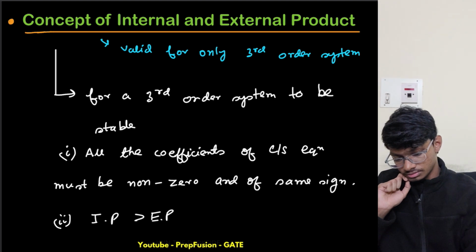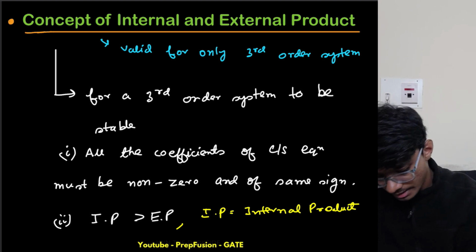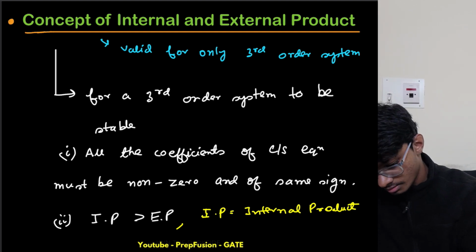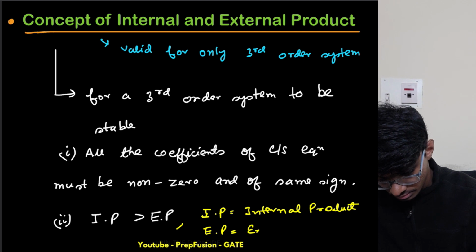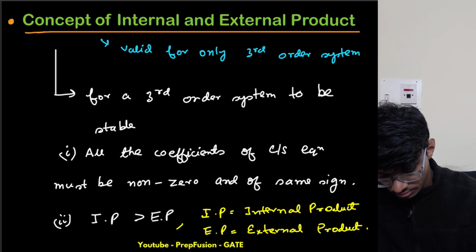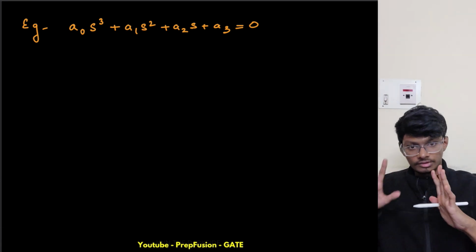IP represents my internal product and EP represents my external product. So yeah, now let's first do an example and from there we'll understand it.